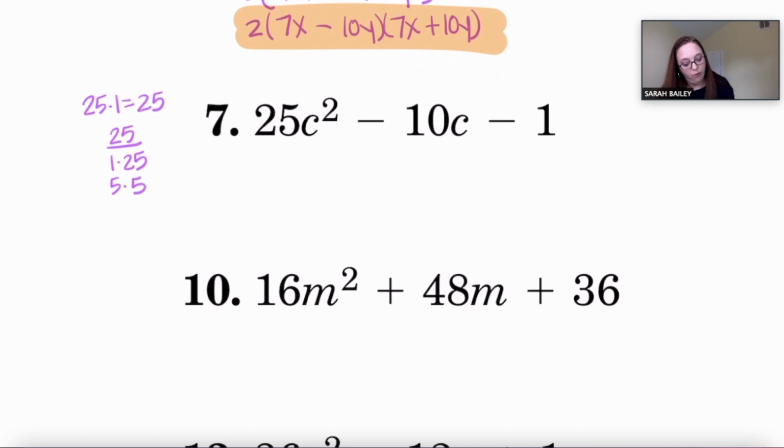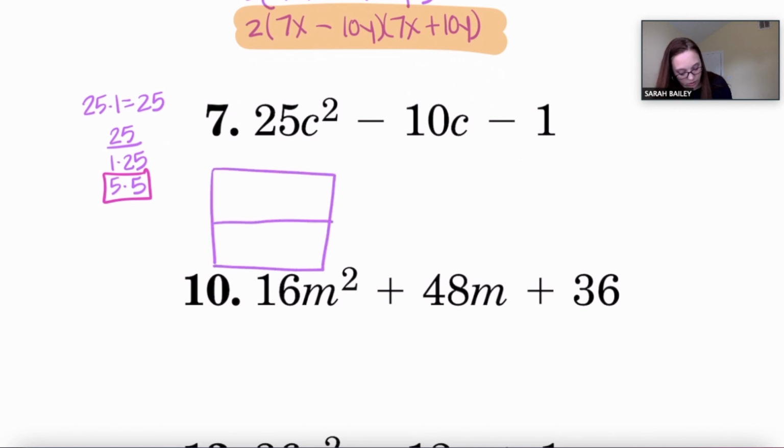I'm looking for a pair that is going to give me a 10. That would be 5 and 5. So let's make that box just like we did in earlier lessons. I'm going to have the 25c squared here, the negative 1. I need a negative 10, okay?